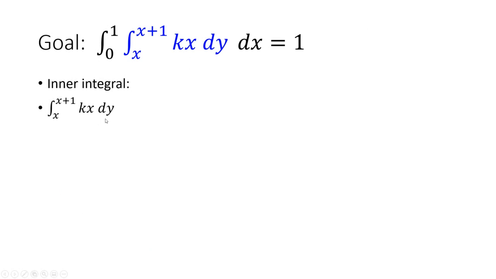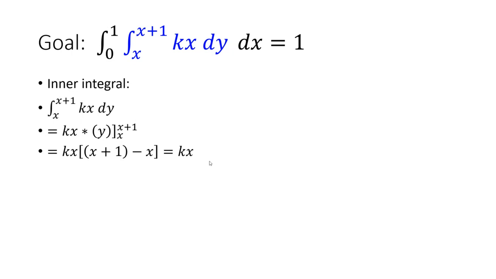So both k and x are constants as far as this integral cares. So we have kx is our constant times the integral of dy is y. So we have kx times y evaluated at x and x plus 1. So we have x plus 1 minus x, the x's cancel, so we're left with just kx as the result of our inner integral.